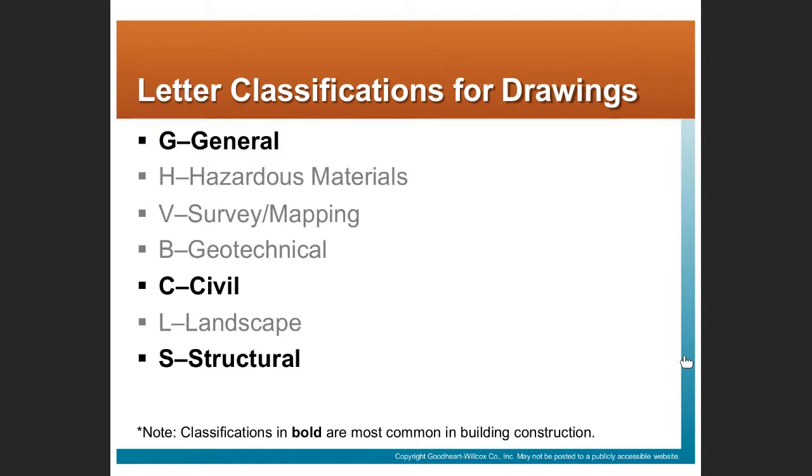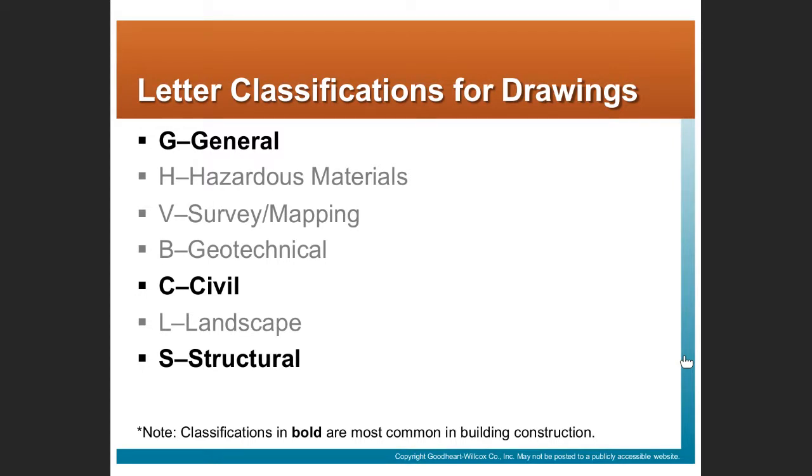How it's meant to be phased, if it's going to be built in phases or different pieces. How contractors access the site, where they stage materials, where they put their dumpsters, where contractor parking is, fencing, right? Things like that may appear on the G or the general drawings.